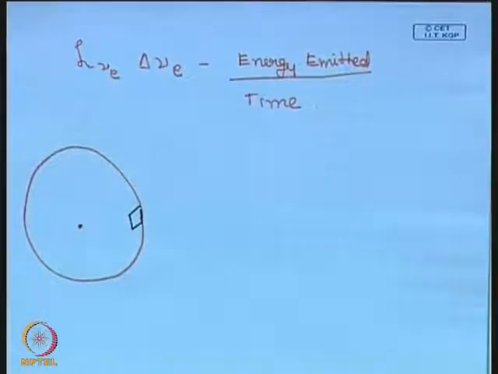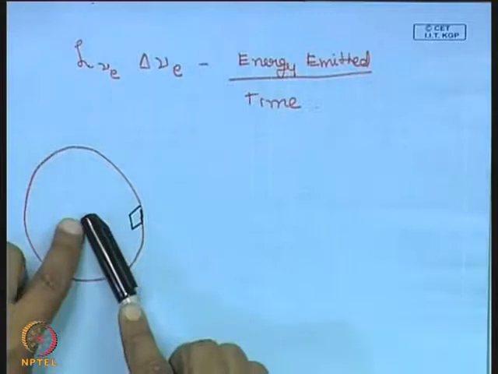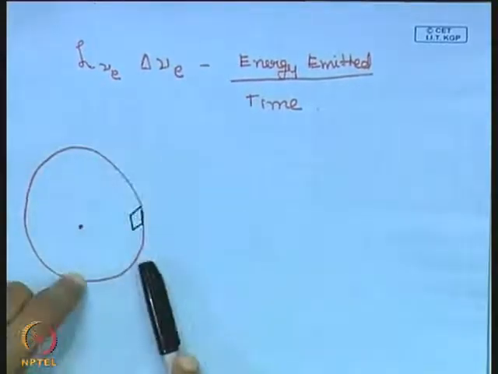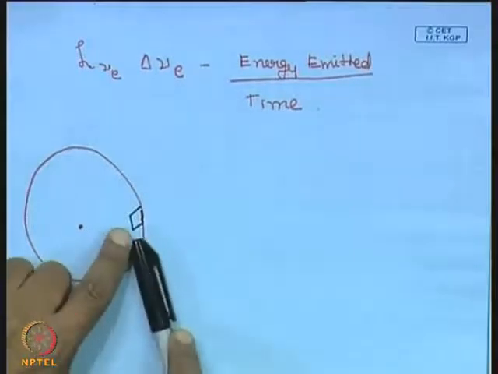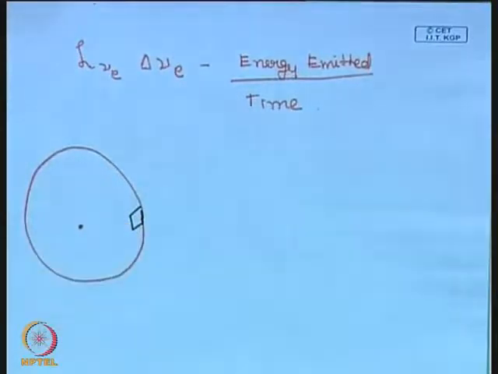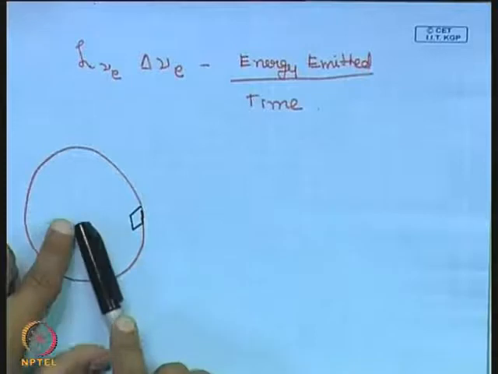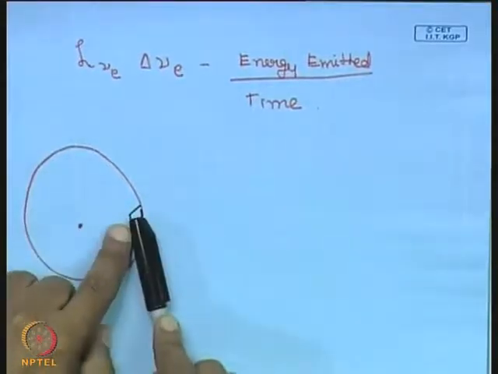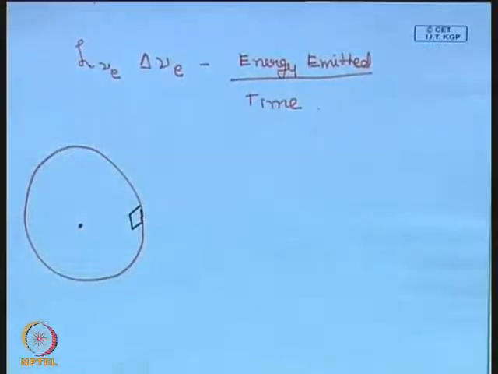How is the derivation done? You consider the photons that come out of here. They will be distributed over a sphere like this, and you divide that by the area of the sphere, and you will get the flux. The time over which it is emitted and the time over which it is received is usually the same. Say you have a 100-watt bulb.